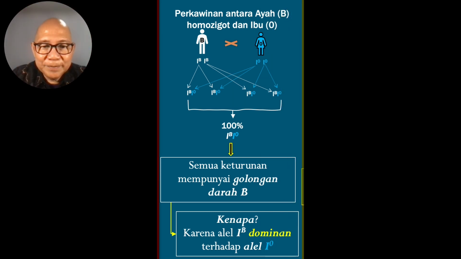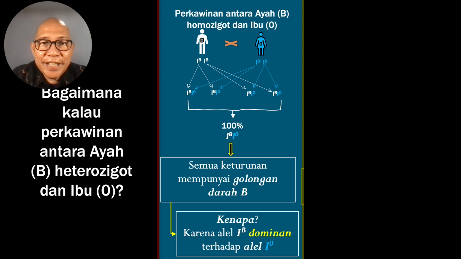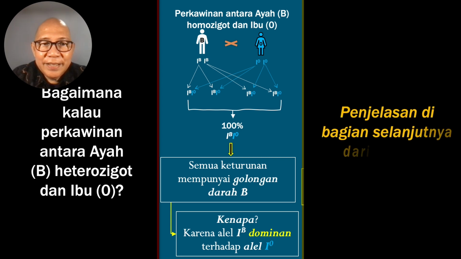The second question: if a father carries heterozygous B, IBIO, and he marries a mother with blood type O, what can be expected in their offspring? Again, the explanation will also be provided shortly after this.